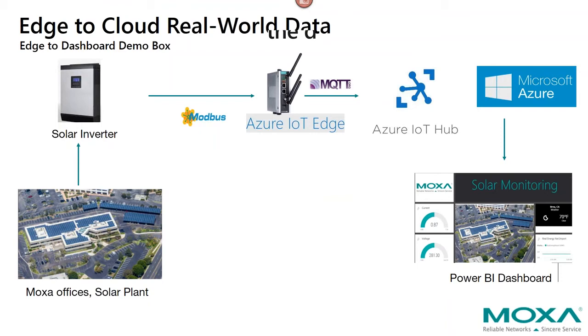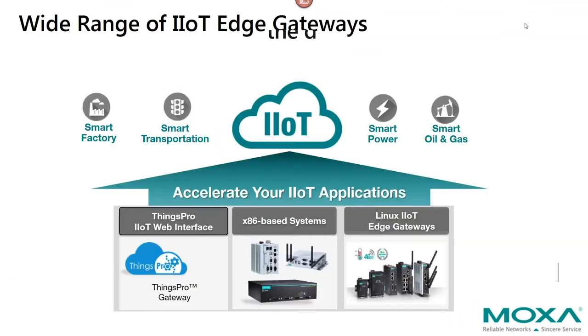So I'd like to go back to the slides, and we're going to talk a little bit more about the capabilities of the additional hardware that you could run in addition to this demo. In addition to the UC8112 with Azure IoT Edge pre-installed, we also offer a wide range of industrial IoT Edge gateways. The ARM-based family offers smaller form factors for highly deployable solutions, and also variants with different Wi-Fi and cellular connectivity options.